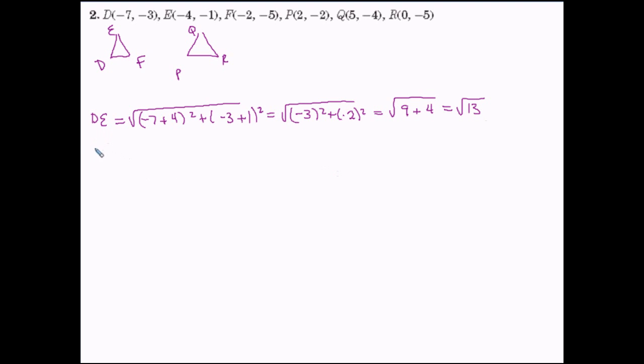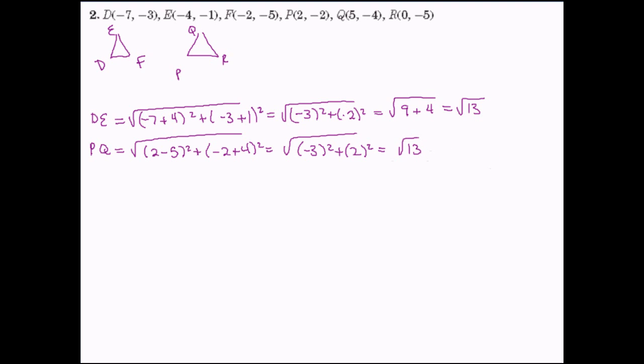So then I need to do PQ. And I get 2 minus 5 squared plus -2 plus 4 squared. So I get -3 squared plus 2 squared, which gives me the same thing. So square root of 13. So those are cool. Those are the same length.